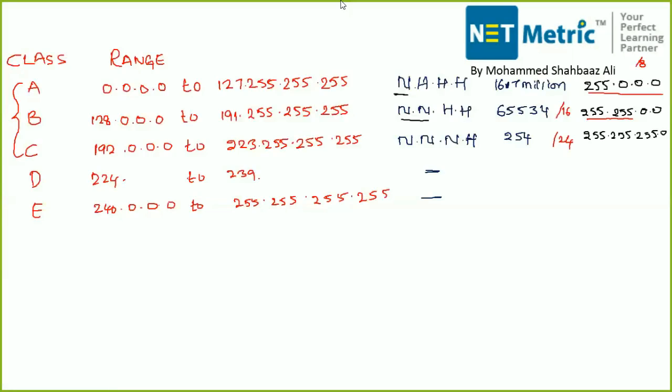Is there any problem with this classful addressing, with this method of addressing classes? Technically, is there any problem here? Wastage of IP addresses will be there.